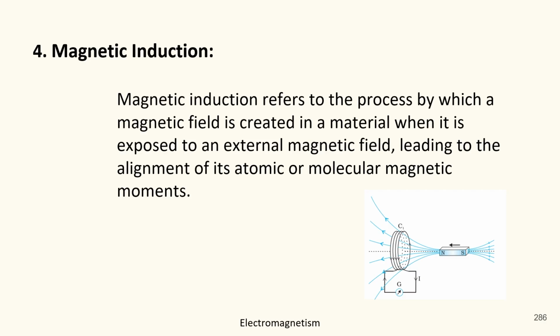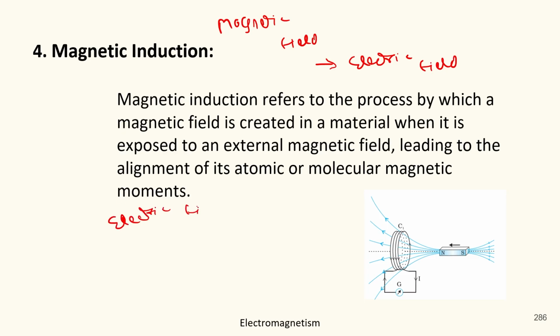So basically it says that whenever there is a magnetic field, there will always be an electric field, or whenever there is an electric field, there will always be a magnetic field.